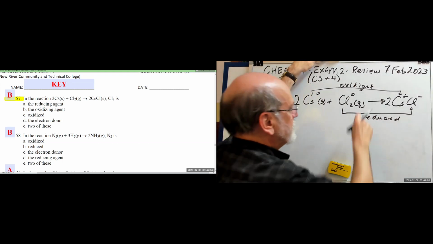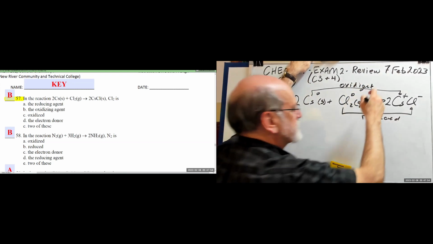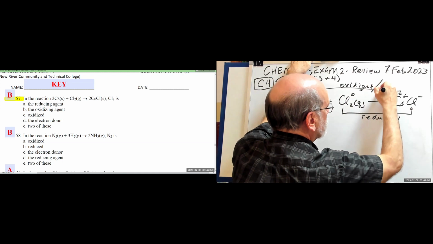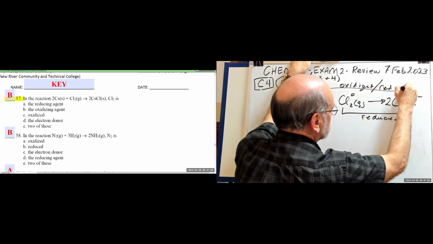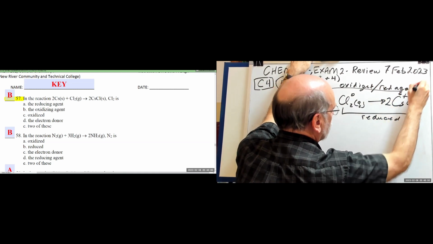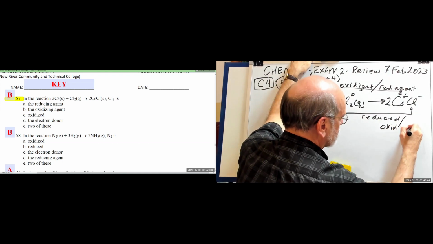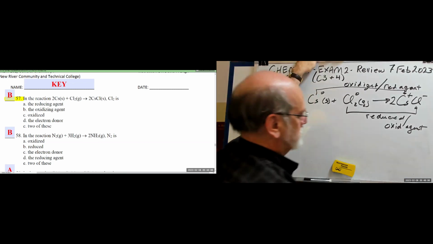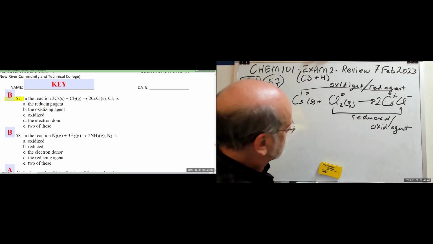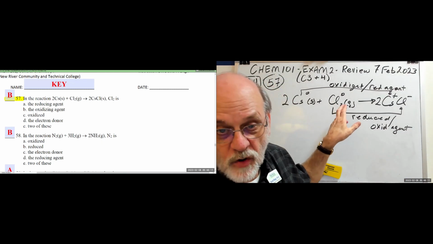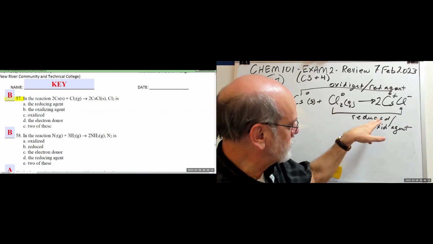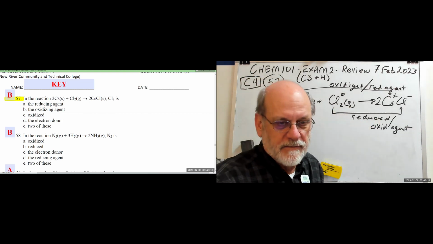Anything that's oxidized is also the reducing agent, and anything that's reduced is the oxidizing agent. So they're asking about chlorine gas. Chlorine gas is reduced and it's the oxidizing agent.